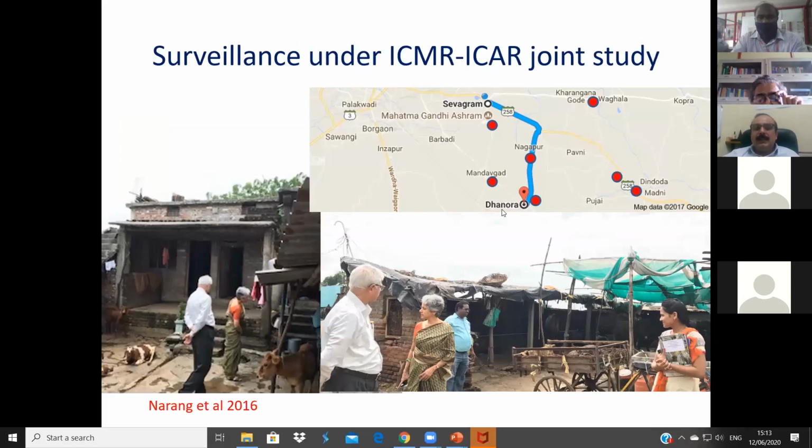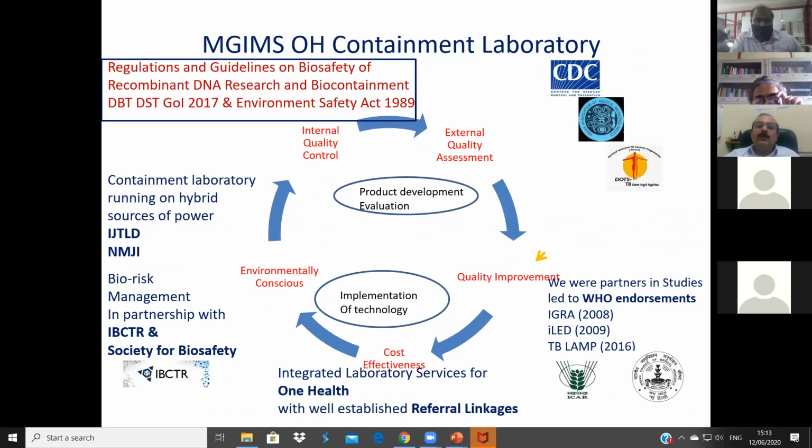This is the area where we work in central India. This was the DG ICMR at that time, now DDG WHO. She also came to visit our area of work on zoonosis. And we established the One Health Containment Laboratory. In 2016, we worked on viruses, bacteria, and a lot of other diseases, and see how it has helped.